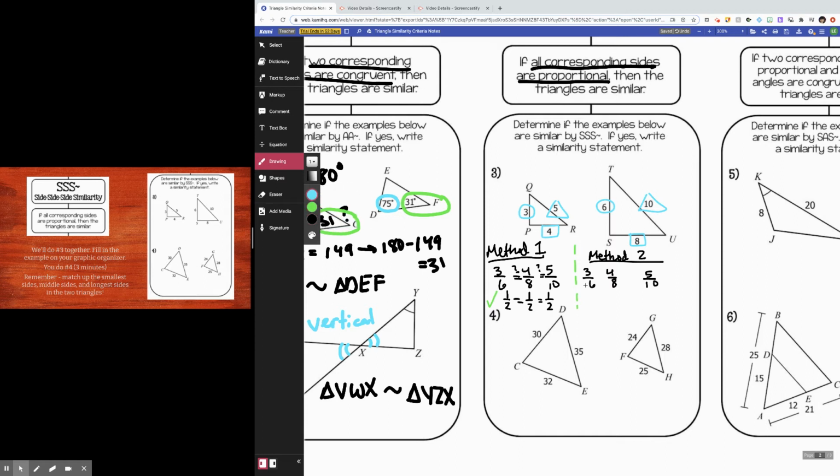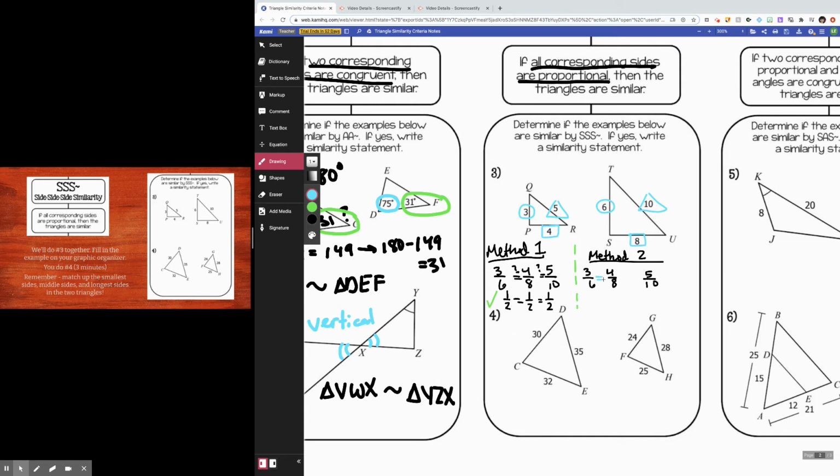What you can do with this is pair your fractions together. You're going to have to do this twice. You have to check the first fraction against the second, and the first against the third. You can't just check one because then the third one might not be equal, so you have to check them all.